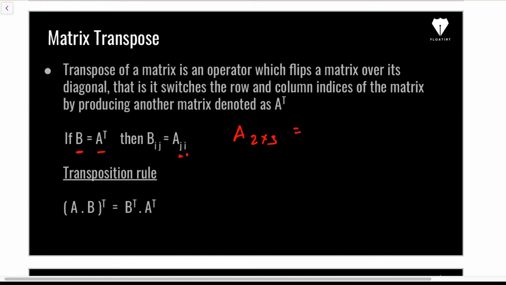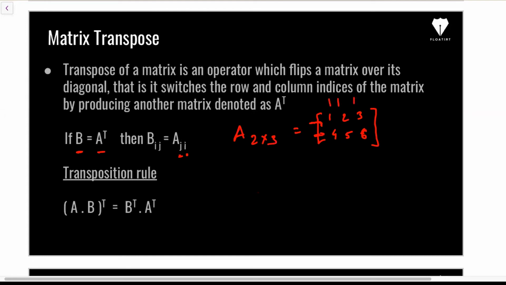I'm taking some random numbers in sequence, 1, 2, 3, 4, 5, 6; it doesn't matter. I just want to show it has 2 rows and 3 columns, right?